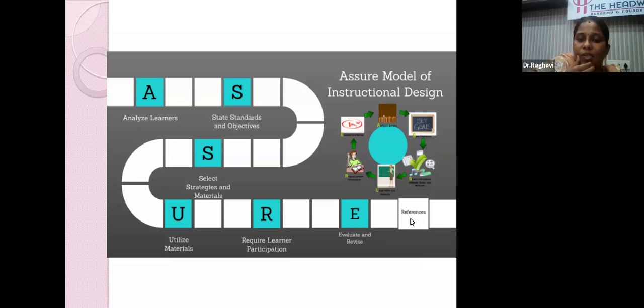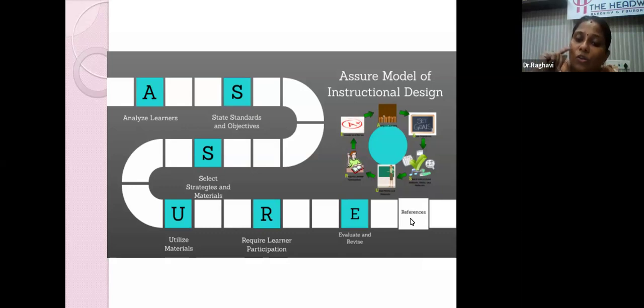So the last step here is about evaluating the student performance. So your evaluation should always match your objective. This last stage is very important. You must evaluate the instruction process from the start to finish using the objectives you have created in the beginning, in the first process itself.